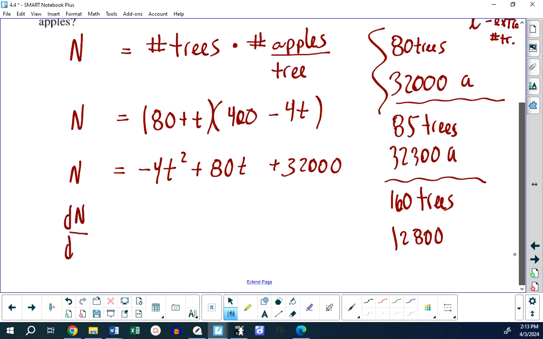dn/dt equals negative 8t plus 80. I'm just thinking about something here. I've told you again and again I don't think it's a good idea to write equals 0.